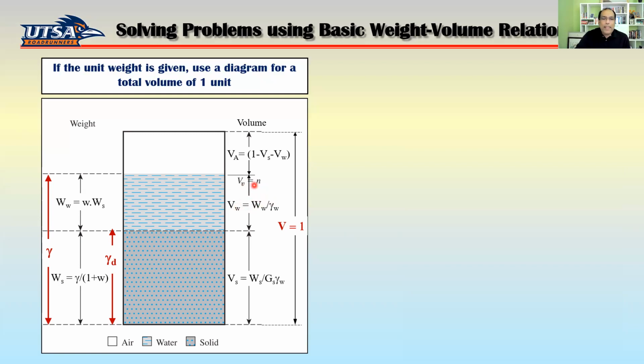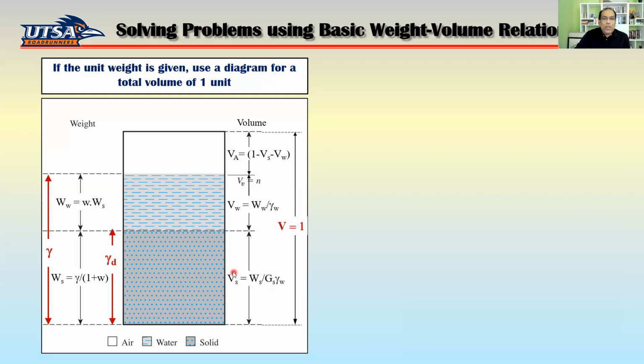Once you find that out, you can find the volume of solid from the unit weight of solids if you know the Gs, the specific gravity of soil solids, which is a parameter you can estimate easily, because for sand this is 2.65, and for clay this is very close to 2.7, okay?